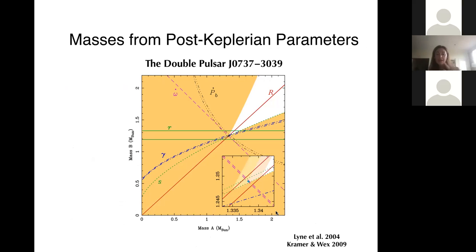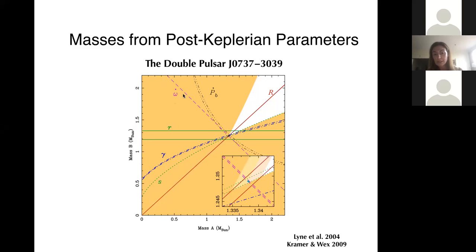So it is this amazing system where not only can you measure enough post-Keplerian parameters to determine the masses, but you measure post-Keplerian parameters for each of the pulsars. Therefore, you can also do a GR test and all sorts of tests of how the two match with one another.